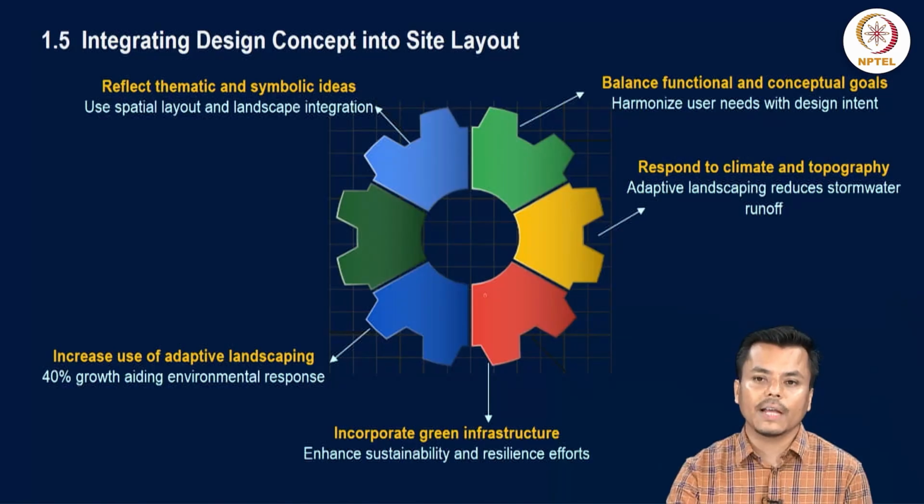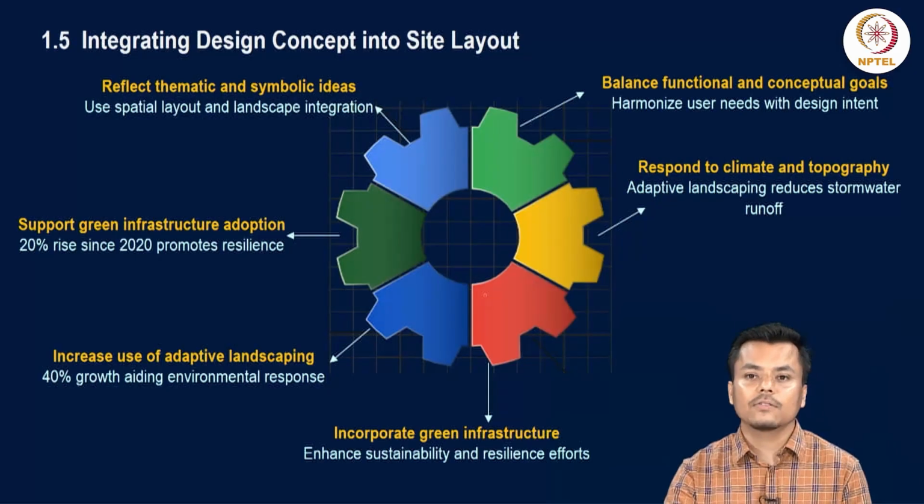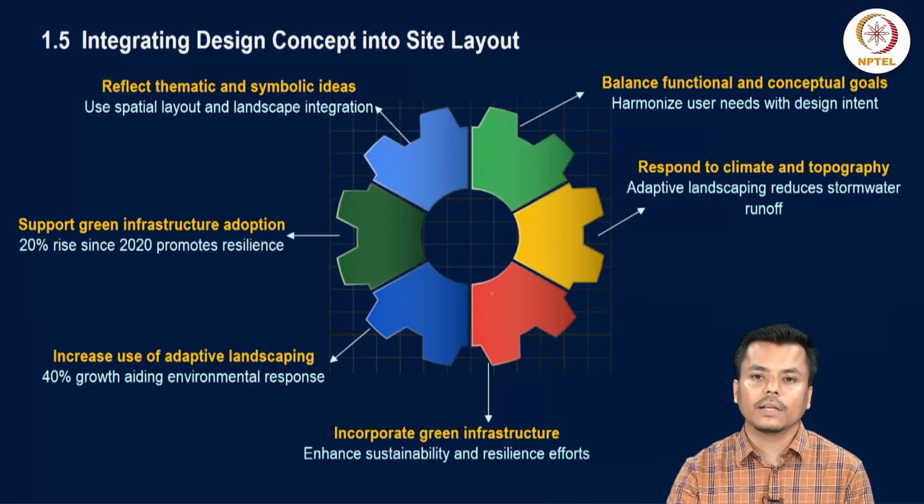Increased use of adaptive landscaping, that is 40% growth, aids environmental response, and support for green infrastructure adoption, that is a 20% rise since 2020, promotes resilience in the project. So green infrastructure has to be promoted within the site so that resilience and sustainability are increased through the design intervention.